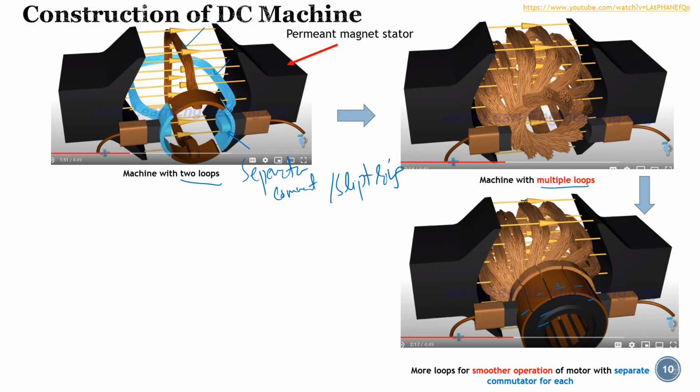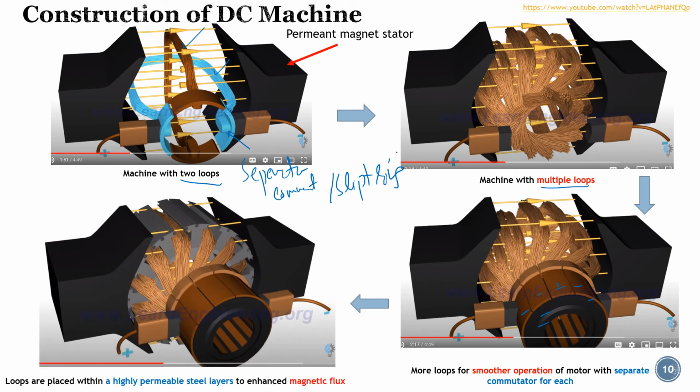Then in practical machines, when the current flows, you cut the flux. To increase the flux intensity, we place all our loops within highly permeable steel layers. So we have a yoke here.